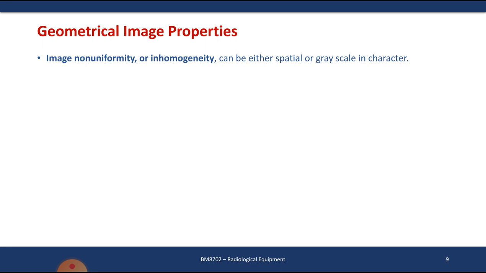So basically you are looking at different materials with different properties. So there will not be a uniform gray level distribution throughout the image, right? So that is one kind of image inhomogeneity. When you look at different objects with different gray levels, obviously there will be an inhomogeneity. Inhomogeneity means it is not uniform throughout the image. That is what we mean by that.